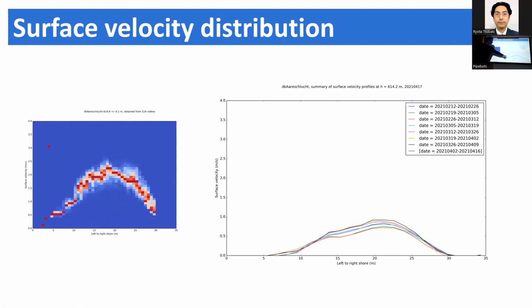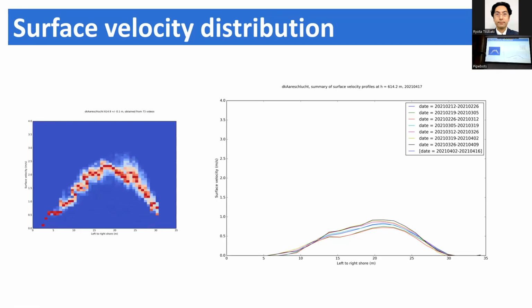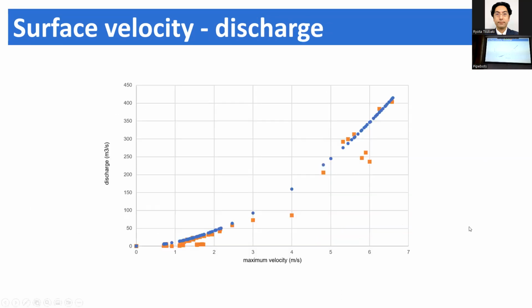We see that the surface velocity distribution is changing over time. That's an indication that the cross-section is changing. When we gather so much data, like every 2 minutes, we can do more probabilistic discharge measurements. So we know that we can learn something from what we see on the surface.